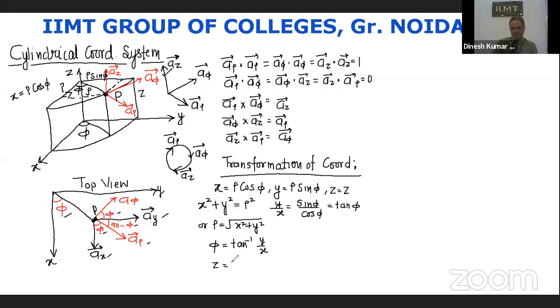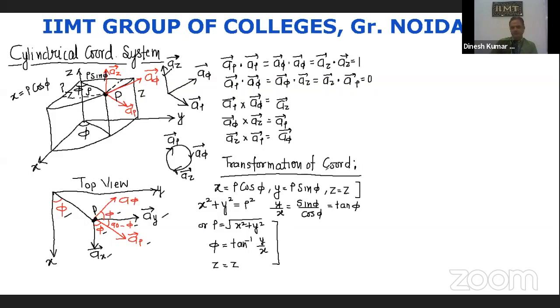And as z is the same in both coordinate systems, z is equal to z. So these three expressions are used to convert the coordinates given in one coordinate system into another.